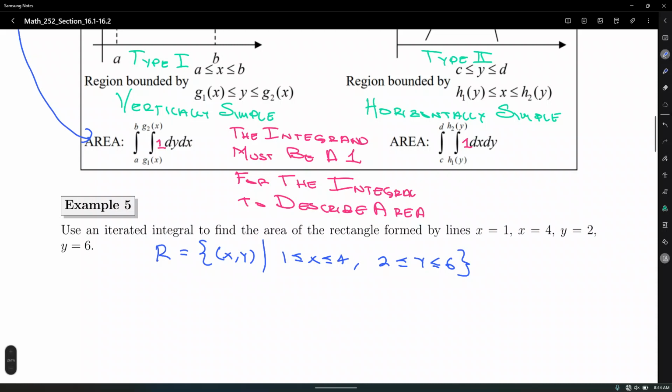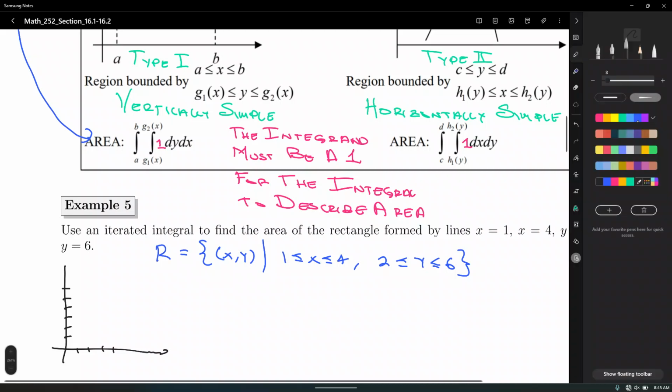That means, okay, so let's plot. X goes between 1, 2, 3, 4. Y goes between 2 and 6. 1, 2, 3, 4, 5, 6. And so between 1 and 4, and between 2 and 6.